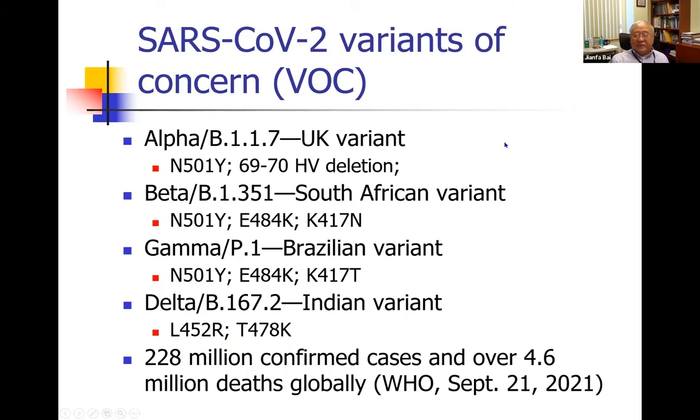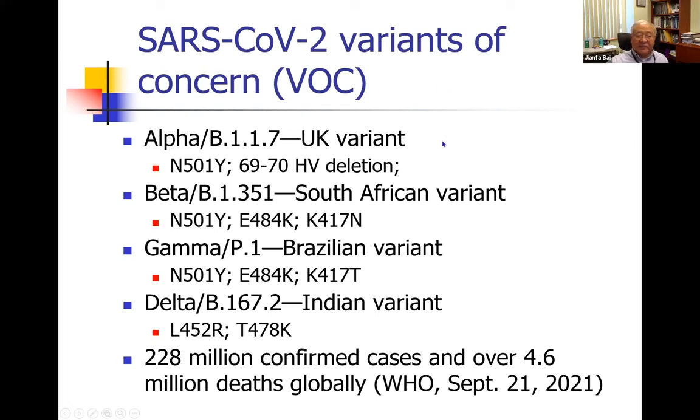So what we are really concerned about is the variants. In the beginning, the UK variant, the South African variant, the Brazilian variant, and now most people are concerned about the Indian variant.